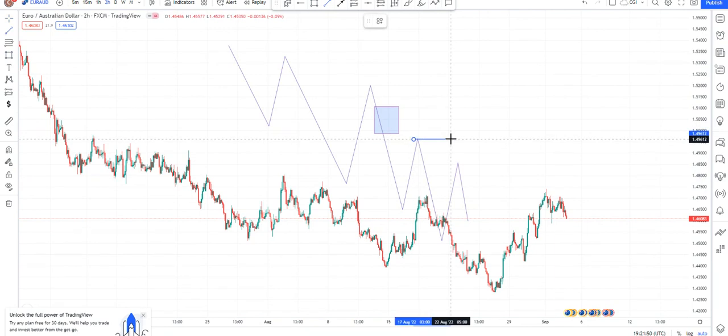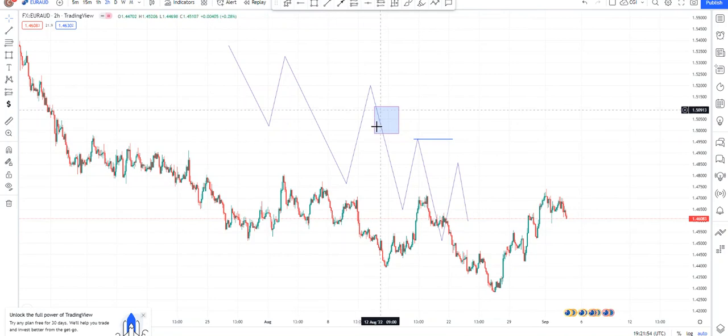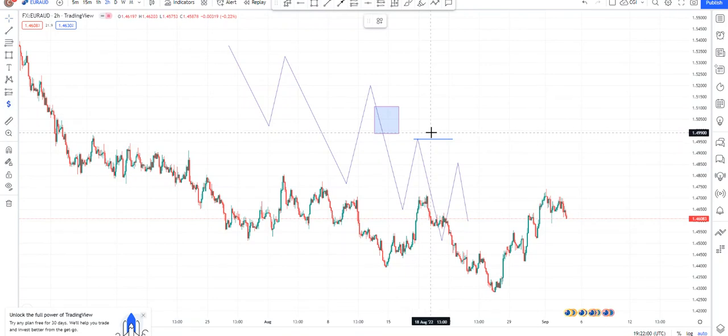So this one will look like a weak high for me because it does not mitigate the previous range, as there's an imbalance in here. Now you can say that there's liquidity resting here.